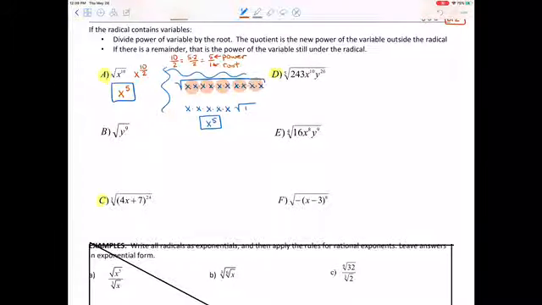Okay, let's look at example C. Now, don't let that expression scare you because all of this is inside of the parentheses. So we're not even going to touch it. We're just going to leave it alone and pretend it's like our x. So 24 is our power, 3 is our root.